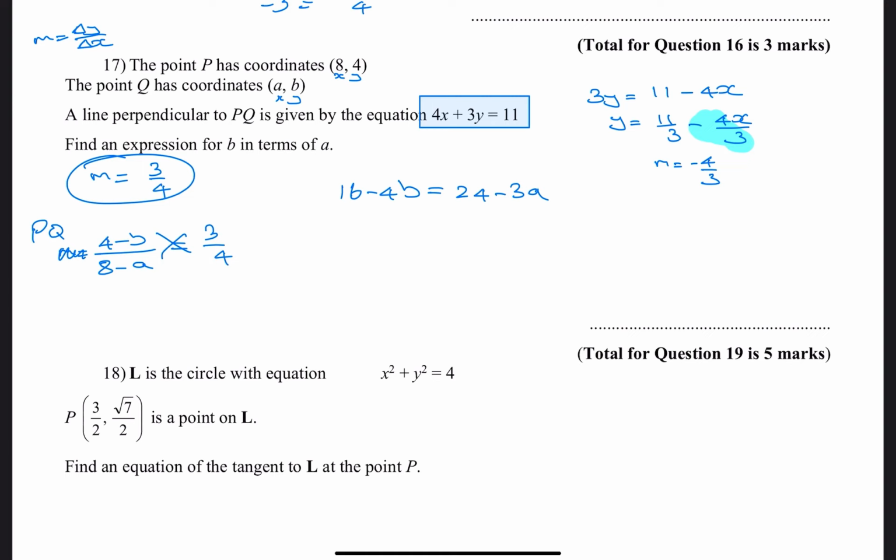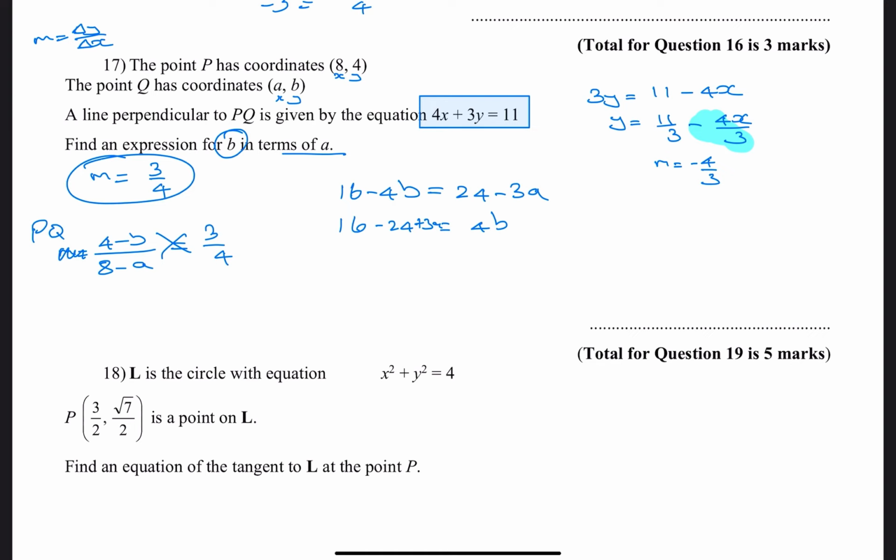You want to make b the subject. How do you make b the subject? Bring the b to the other side. So 16 minus 24, plus 3a at the opposite side, and minus 4b goes to the other side, giving you positive 4b. I'm just moving it to the other side because it makes it easier for me with a positive answer.